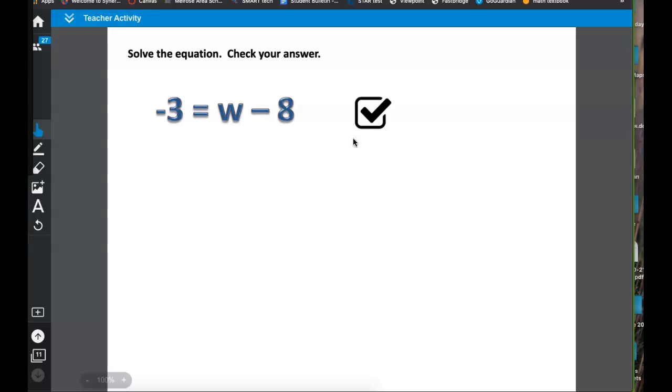Make sure that when you have your answer, in this case, the W is on the right-hand side, it should still stay on the right-hand side. And don't change the letter to an X or something like that. It should stay as a W. So Maddie Kramer, circle the letter and get rid of whatever's next to the letter. Zach Nelson, be careful. You're not going to subtract the 8, you're going to add the 8.